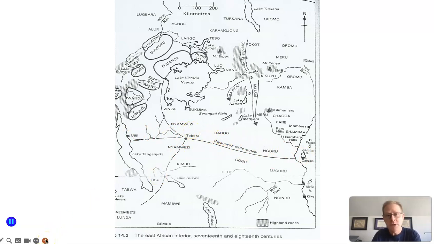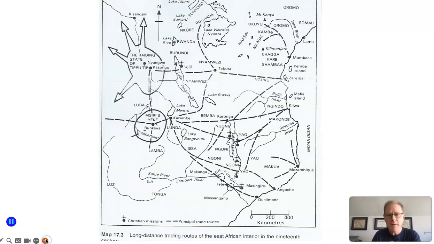Not looking very dynamic in comparison to this. This is what it looks like in the 19th century. We have that same central trade route from Zanzibar to Tabora on up to Buganda now, on across into Central Africa, not just to Ujiji, but across into what is today Congo.